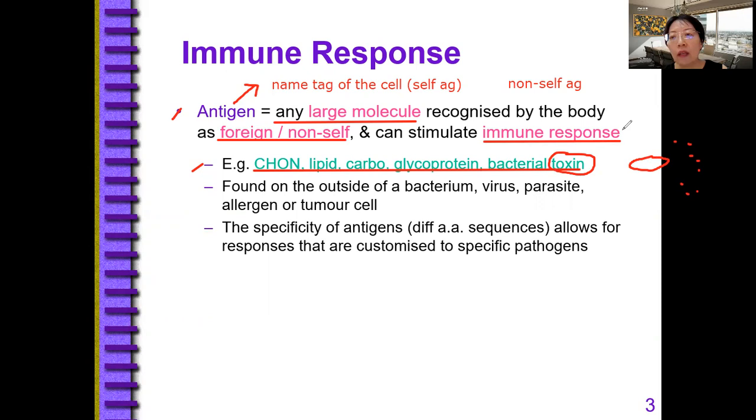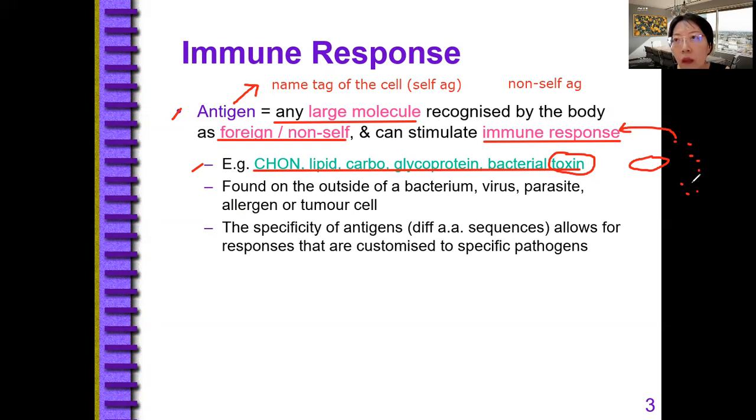It can activate the immune response. So in this case, antigen does not necessarily have to be the name tag of the cell. As long as it's foreign, and our body immune system recognizes it as foreign or non-self, we start to launch immune response against it.